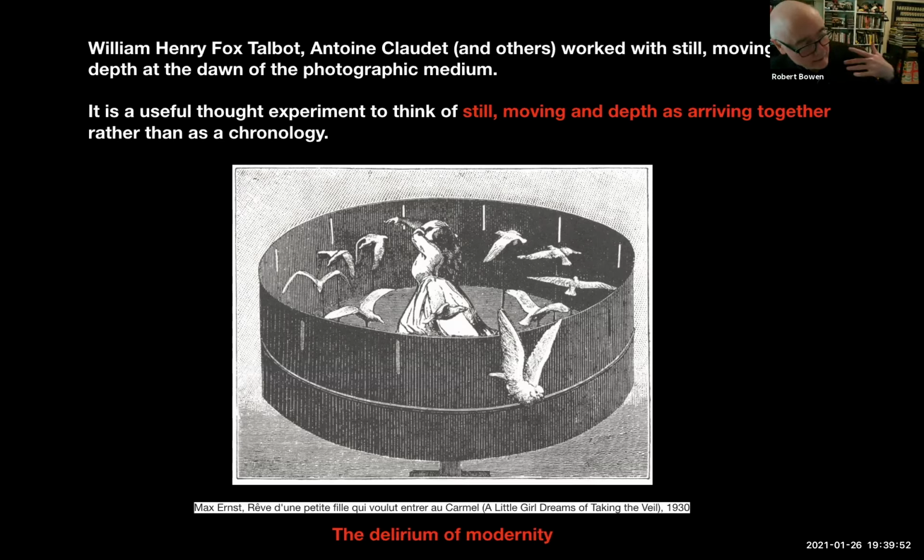So the Delirium of Modernity is sort of my subtitle for this thing. This surrealistic vision of this woman inside this zoetrope, experiencing this flickering light, this sort of animation of the dynamic modernity.